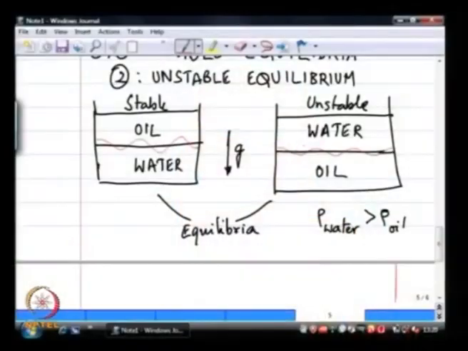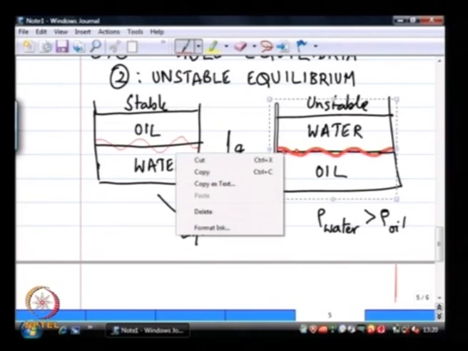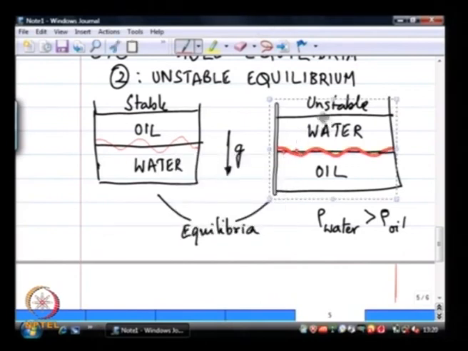So, as soon as this is perturbed, the fact that right around here I have an opportunity for the heavier fluid to come down and the lighter fluid to go up is going to set up a motion in this direction that is going to cause it to go to this stable condition of oil on top of water.